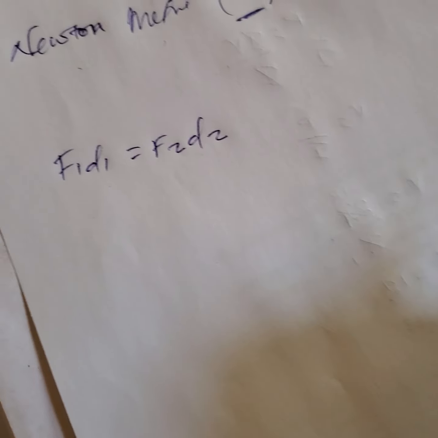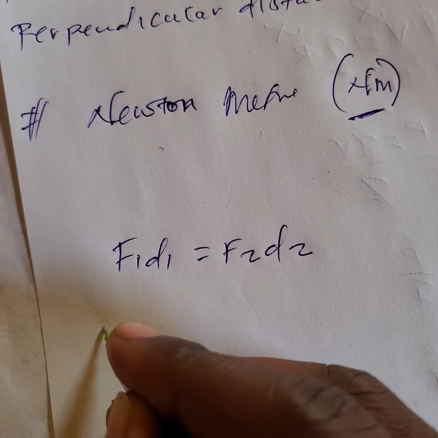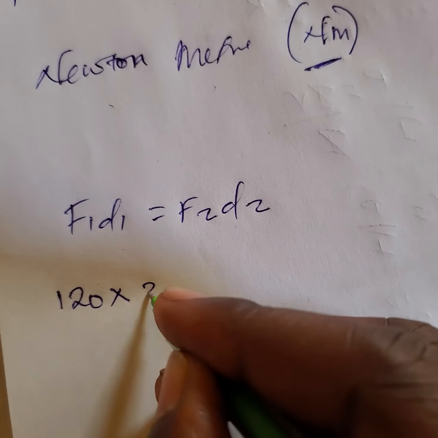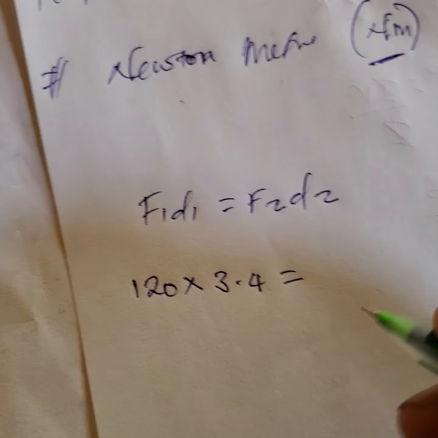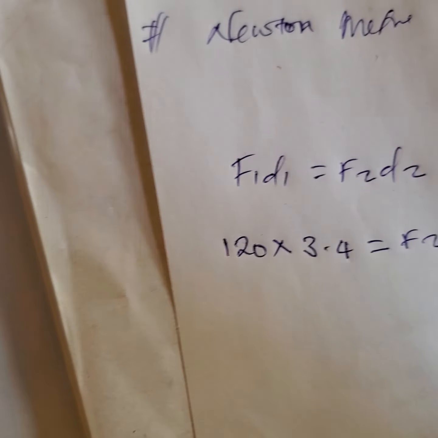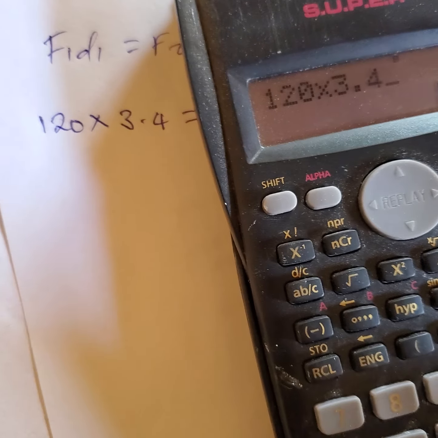So now let's work it out. Force 1, we have 120 times distance 1, we have 3.4, should be equal to force 2, which we don't have, times 8. When you multiply 120 times 3.4, we get 408.